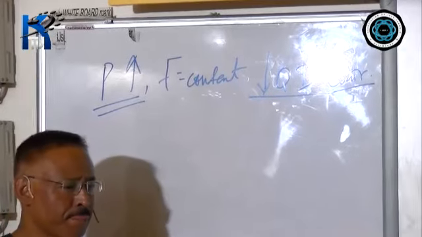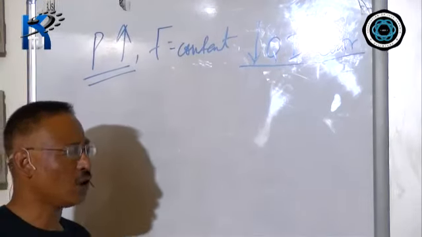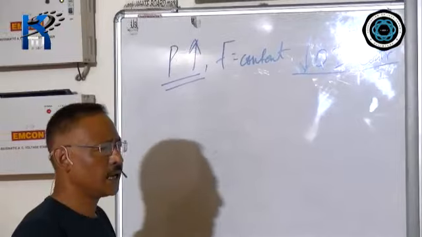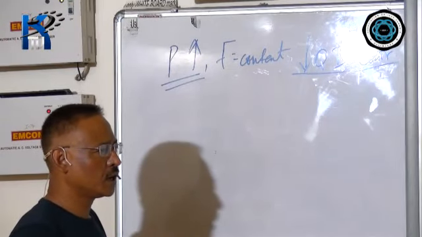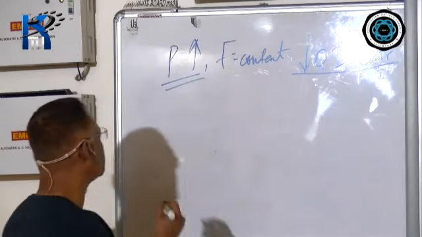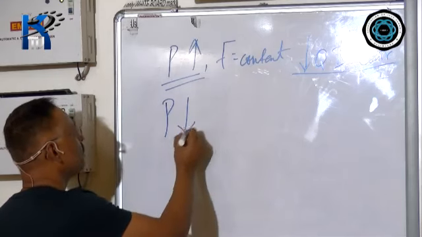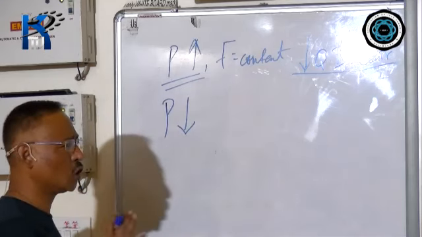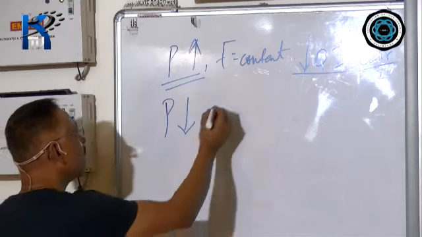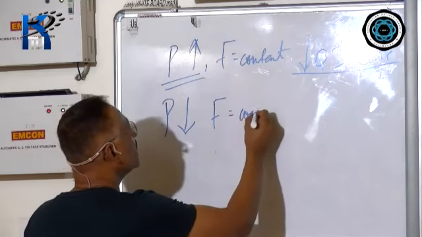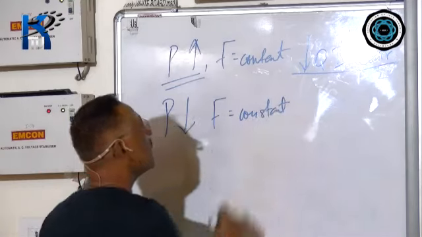Another example. Let us say the price of tea decreases. Your commodity is tea, and its price decreases. Other factors like your income will remain the same.